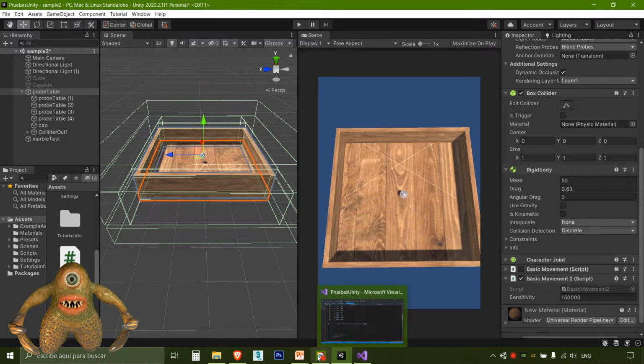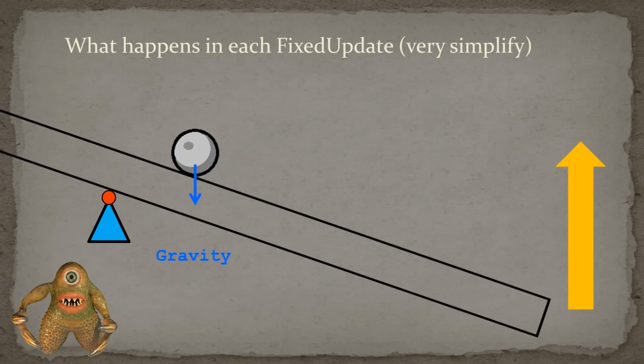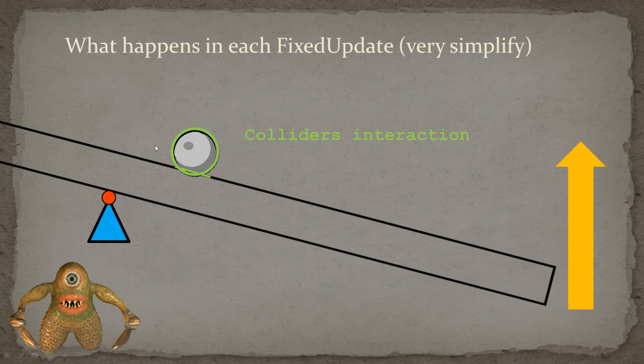So what's happening is the game engine is working all the time, every physics update. This is a very simplified explanation. Every time the table moves, the colliders involved in the movement interact with each other.